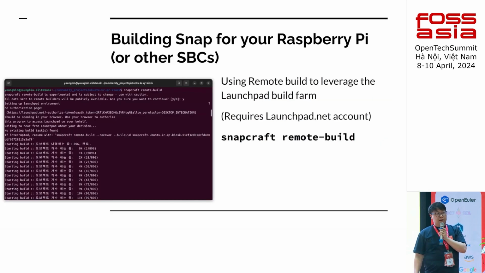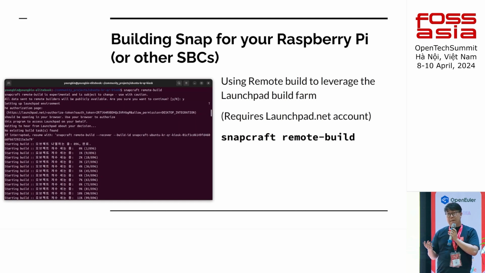Then, after you have defined your Snapcraft, I started building this app. Normally you would build your Snap package for your laptop, but in this case, we're going to build it for the Raspberry Pi.